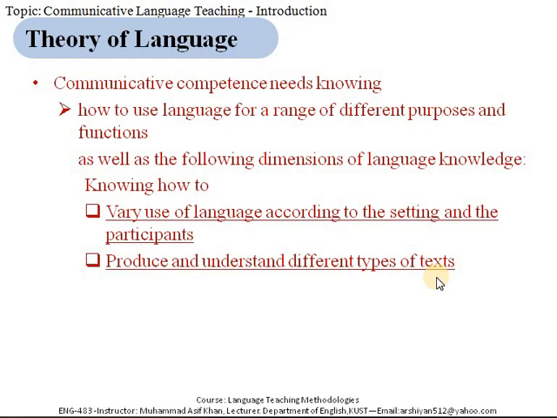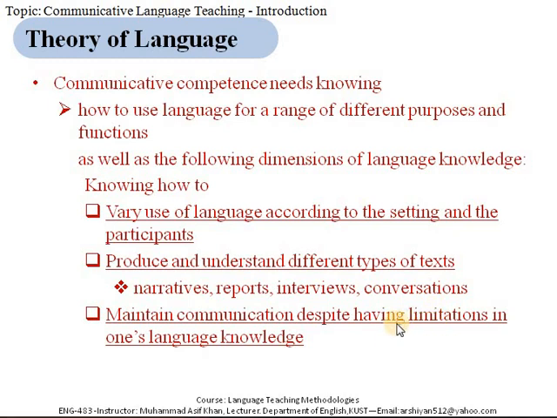In the same way, he should know how to maintain communication despite limitations in one's language knowledge, for example, through using different communication strategies. We can maintain communication though we do not have sufficient knowledge of the language. If the learner masters these strategies, it will be very easy for him to get the communicative competence that is needed for mastering language.